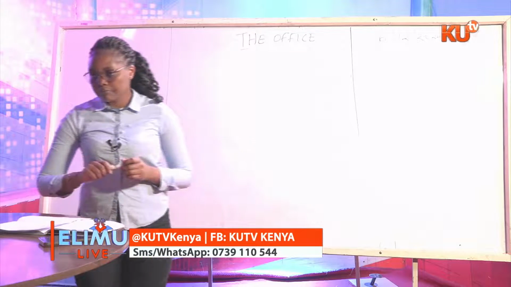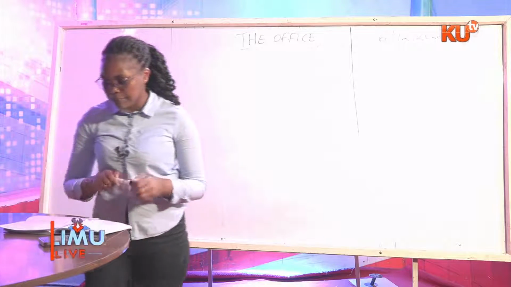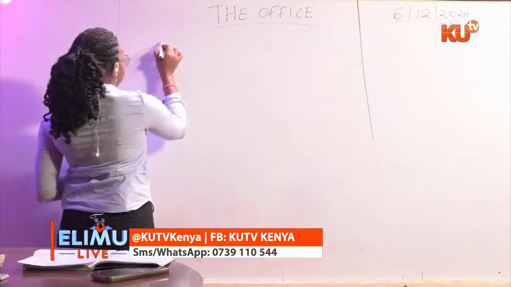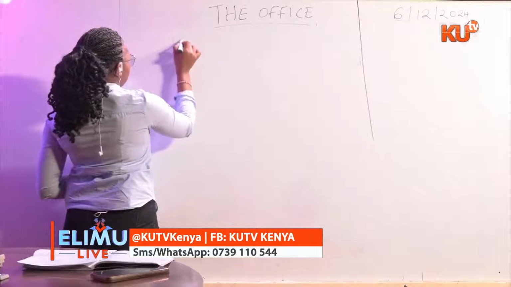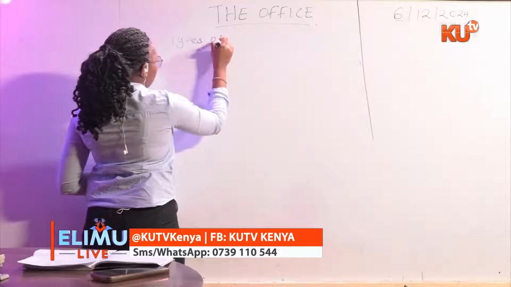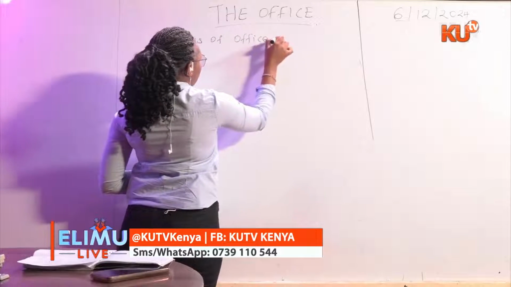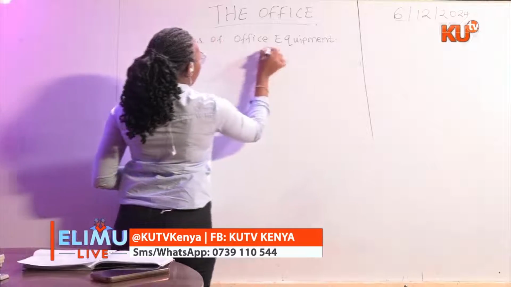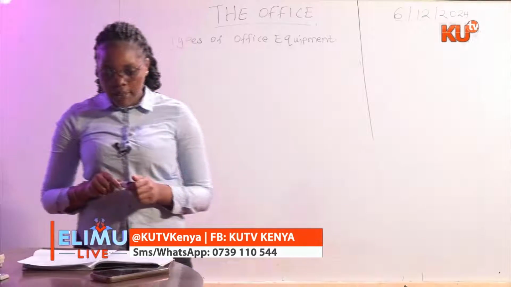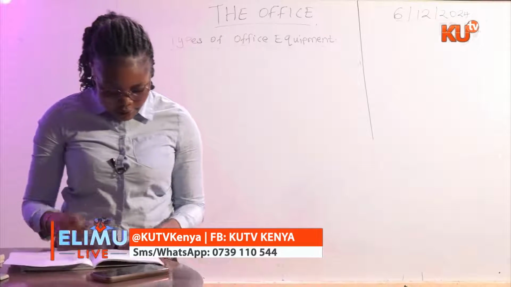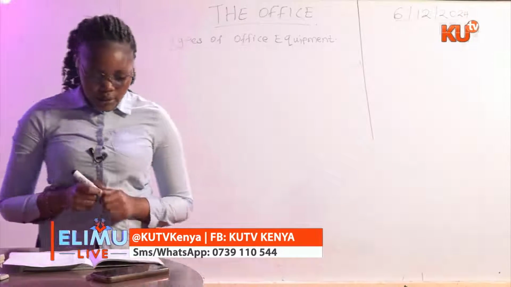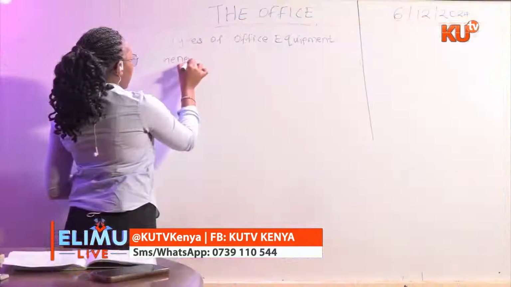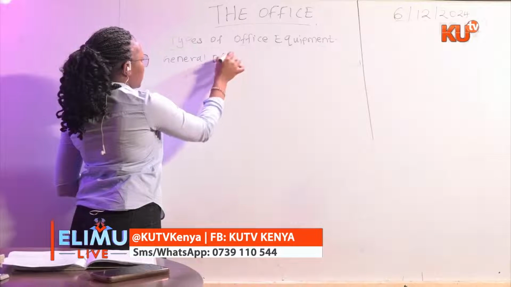So let's proceed on. Let's look at the various office equipments that we have. The types of office equipment. Our office equipment are categorized into 6 categories. There are equipments that we will find in a general office.